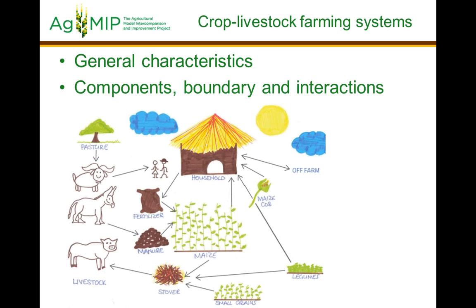We'll then talk about climate change effects on livestock components. That means trying to give you an overview of what we know and what we don't know yet about those effects. And then we will look at the concrete example of the CLIP project. We'll look at the approach we took in phase 1 to include livestock in our assessments, and some of the results that we've been able to obtain with that approach.